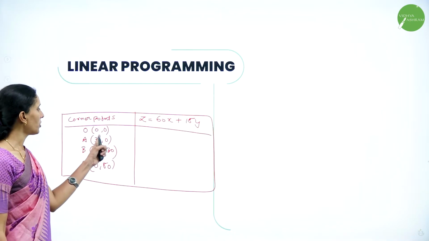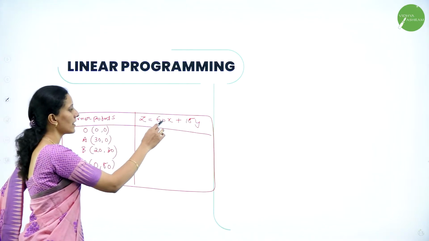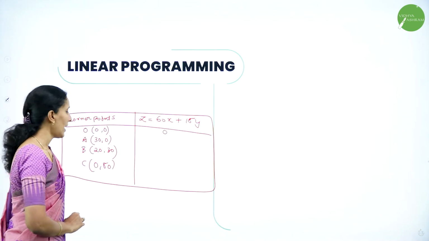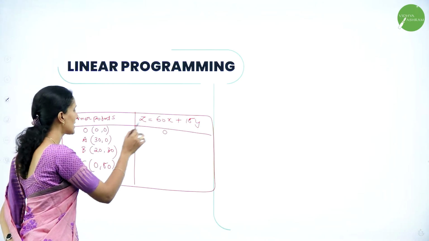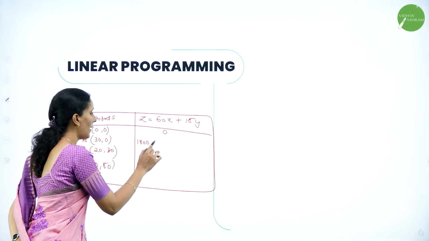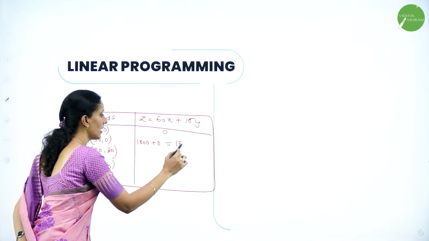Now let's substitute the values of x and y. If you put x equal to 0 and y equal to 0, the value is 0. Next is (30, 0): 60 into 30 is 1800, plus 0, because y is 0, so the value is 1800.